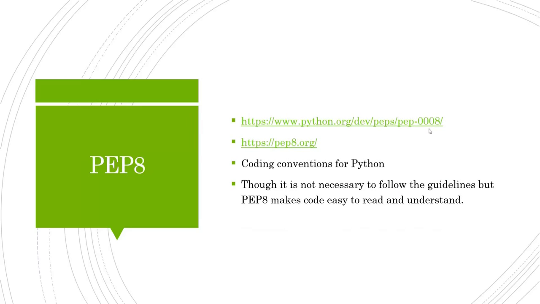PEP8. So PEP8 is the coding standard and coding norms for Python. Though it is not necessary to follow these principles and guidelines, PEP8 makes the code easy to read and understand.